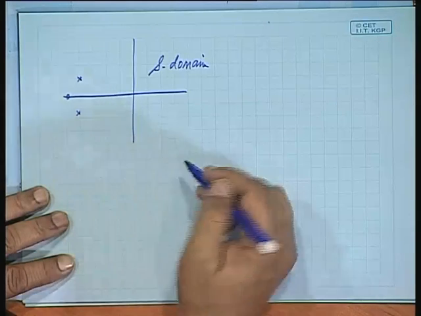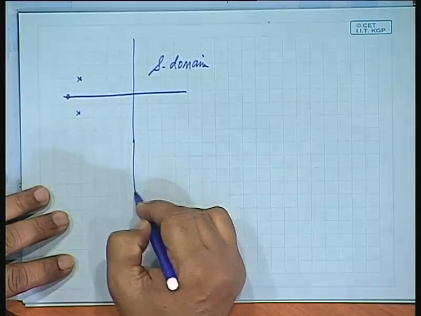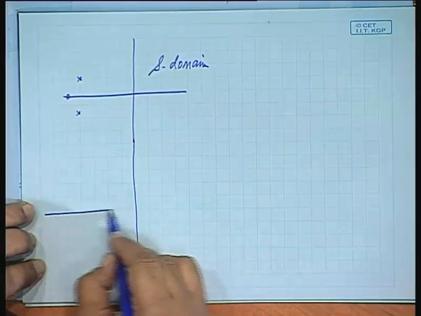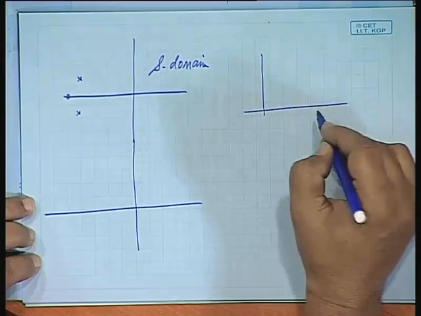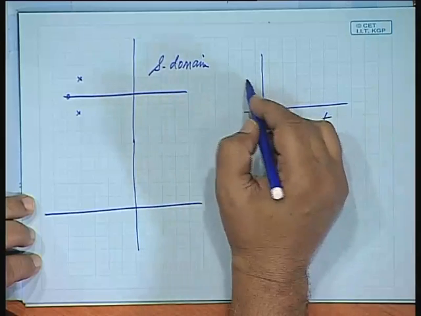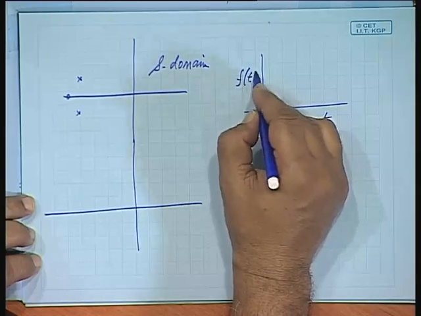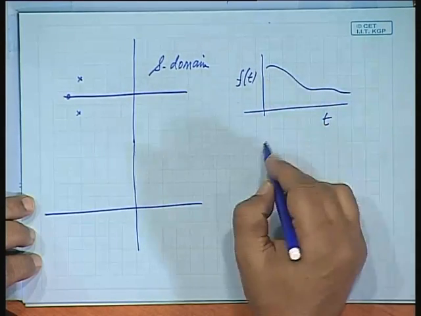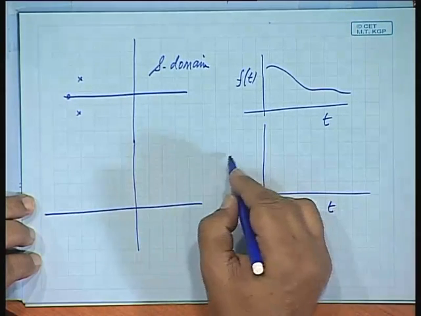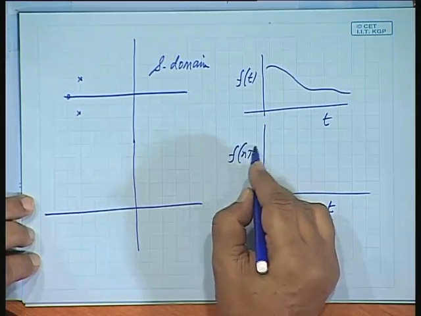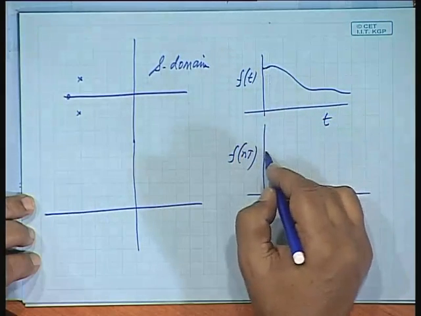Basically what you are doing is, a continuous function, which was like this, you are realizing by a discrete domain function like this.